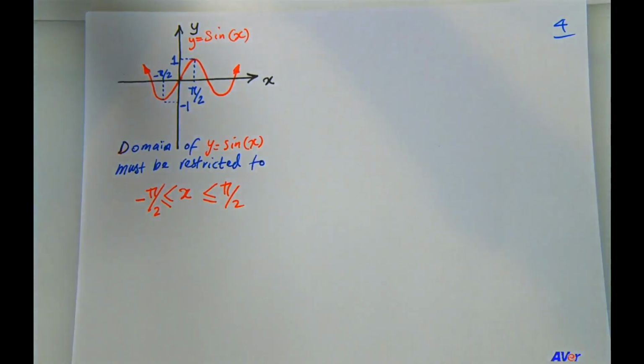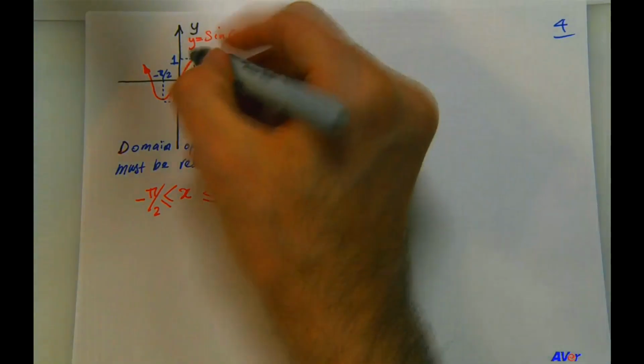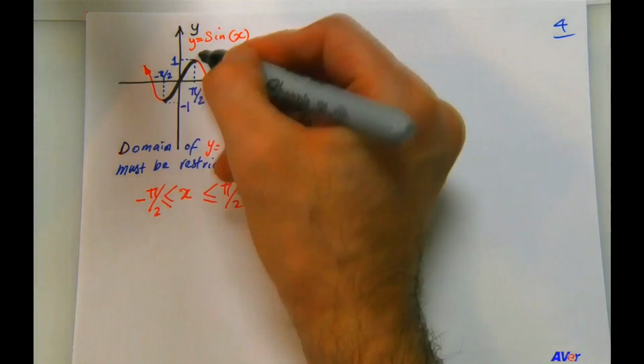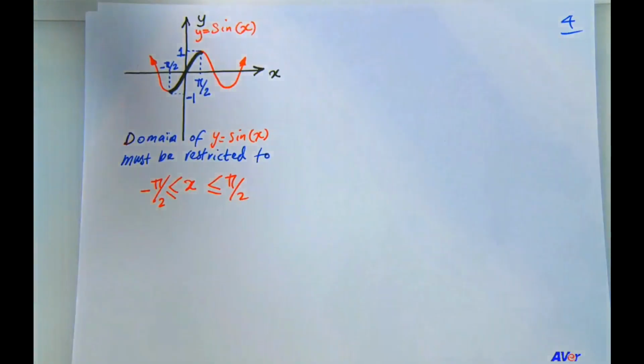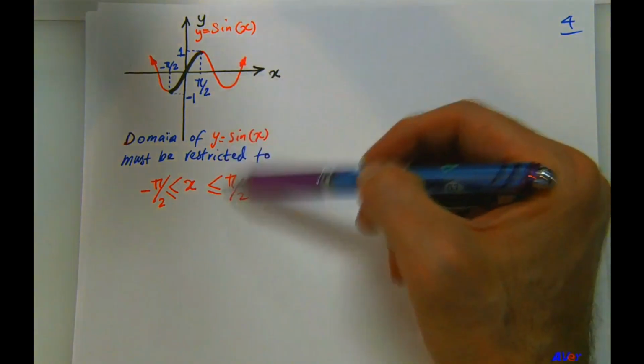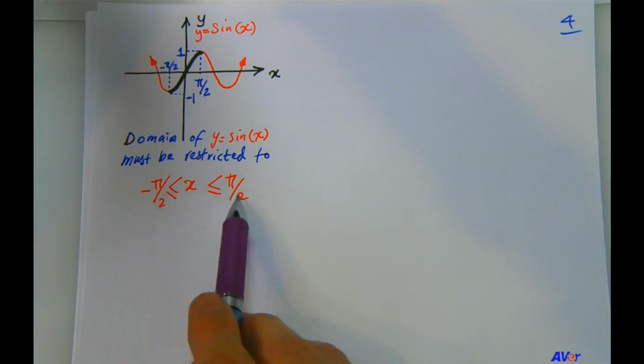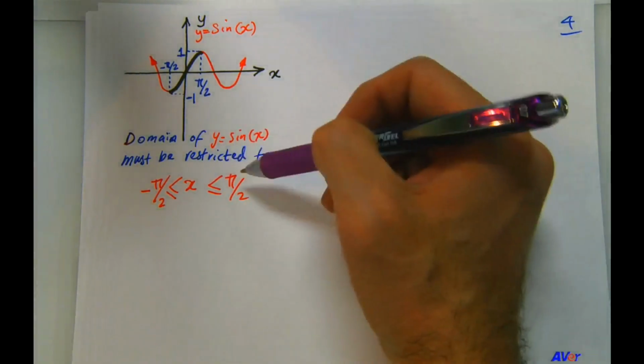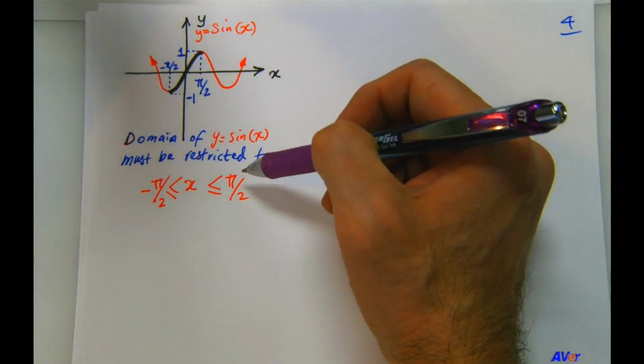Okay, that's for the sine function. In other words, it'll have to be just this piece. That's it. So we're going to restrict the domain of the sine function to minus pi over 2 to pi over 2, so the horizontal line crosses it only at one point, and therefore we can find the inverse sine for it.